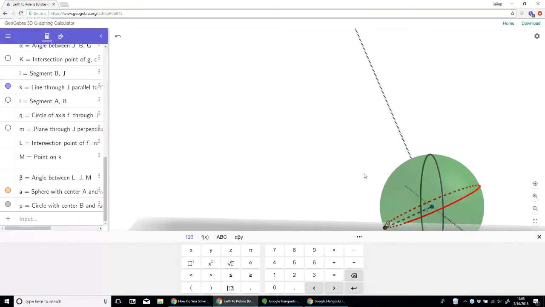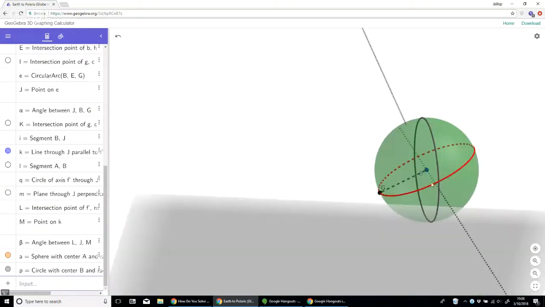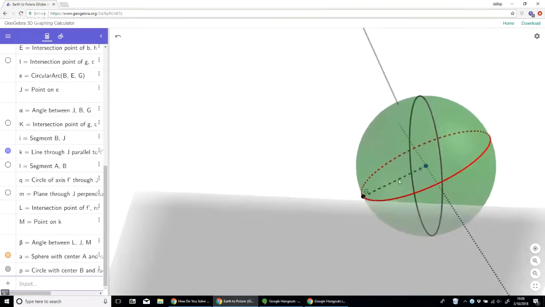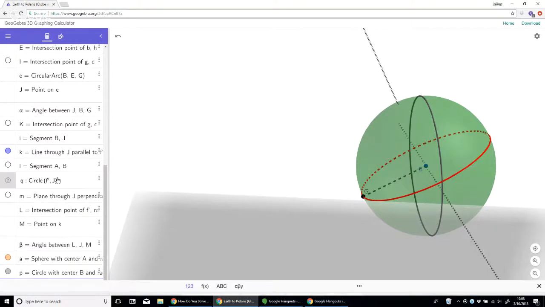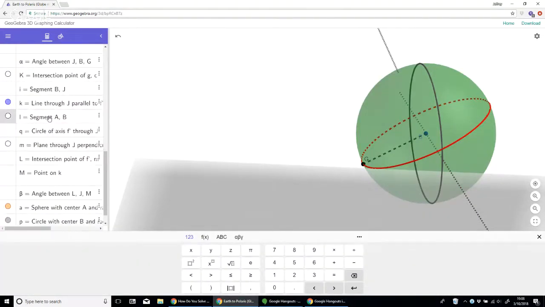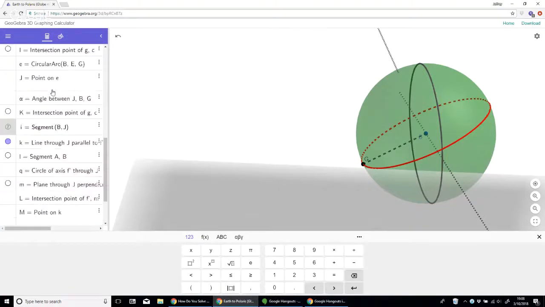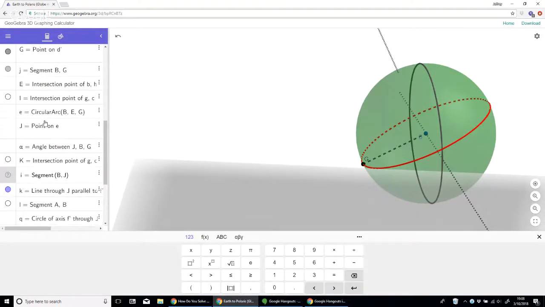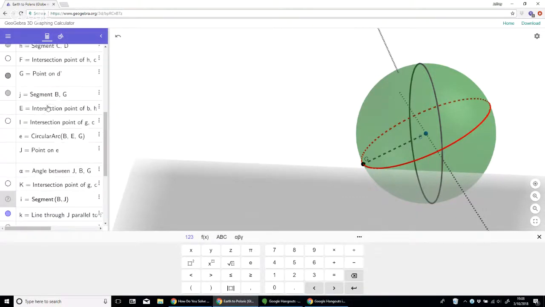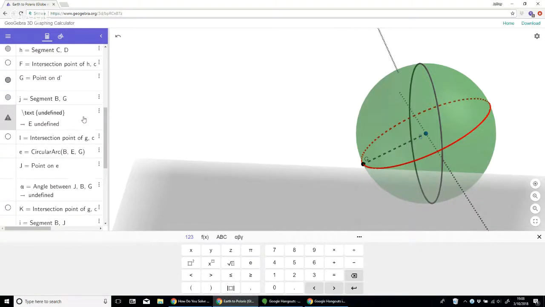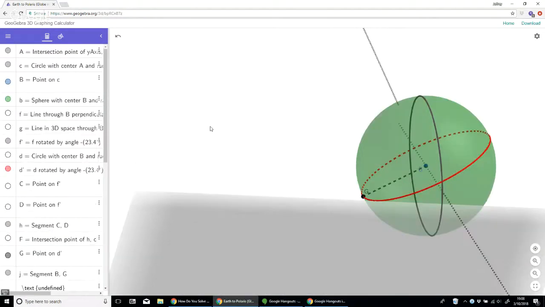Okay, so I think we're good here. We're almost good here. There's a couple more things that are not showing up. Uh-oh. Yeah, I'm sorry, in REM.